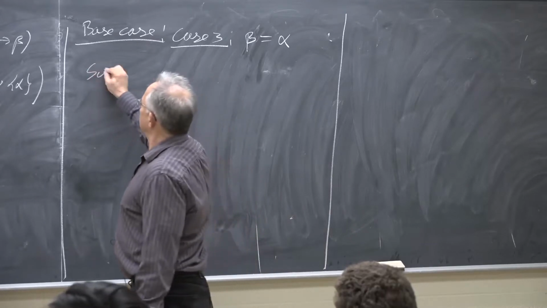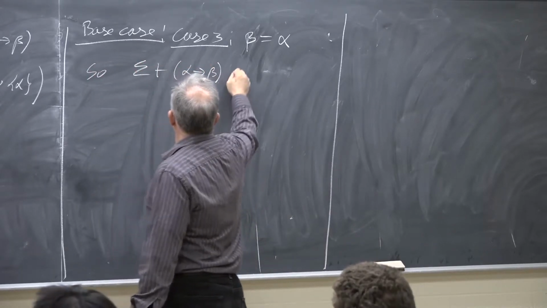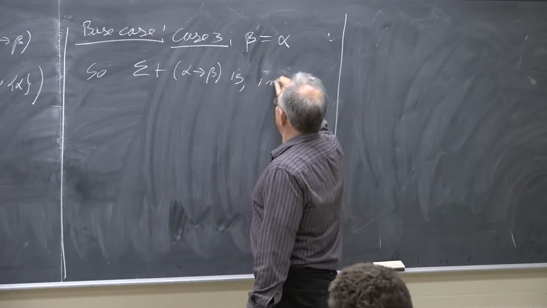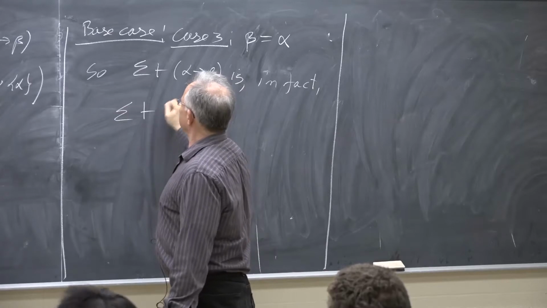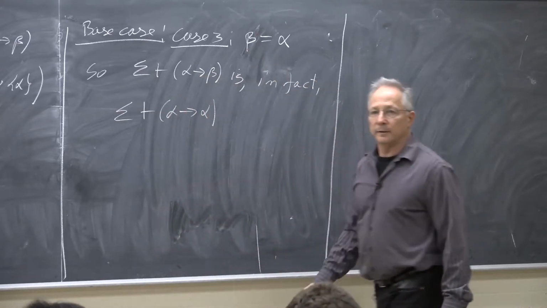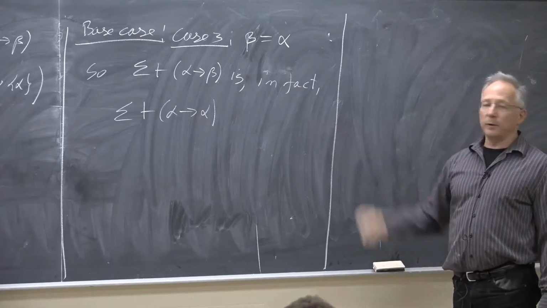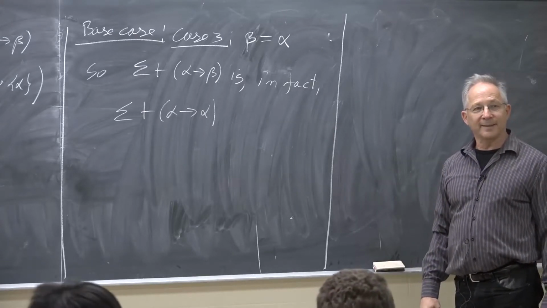Sigma proves alpha arrows beta is, in fact, sigma proves alpha arrows alpha, because beta is alpha. And how do I know that? We proved it.